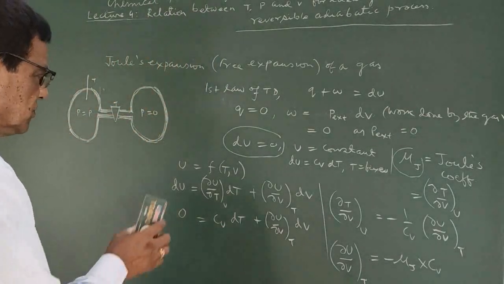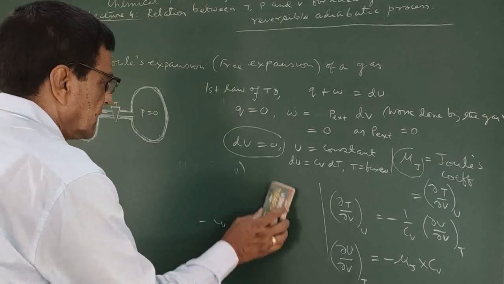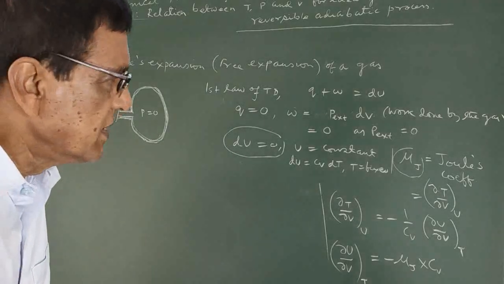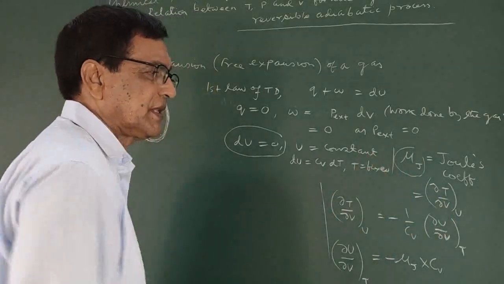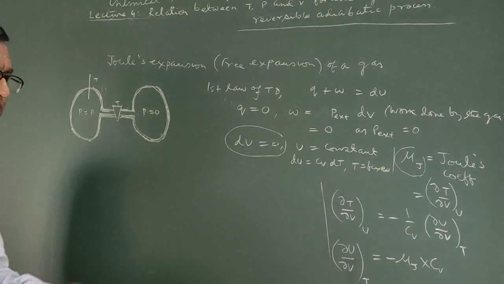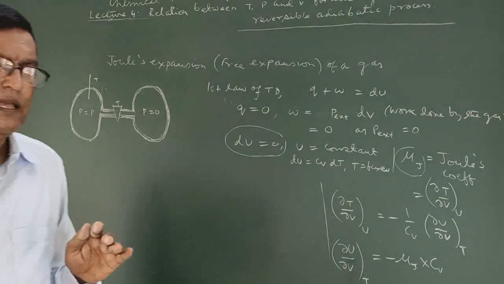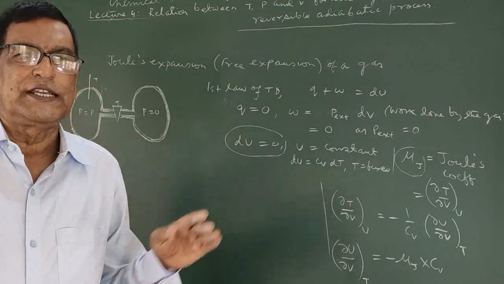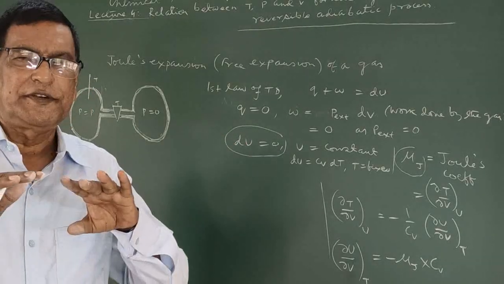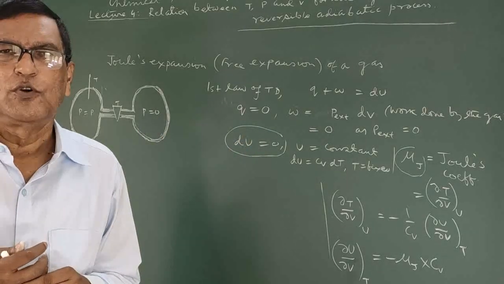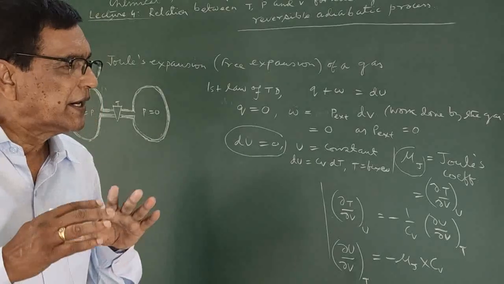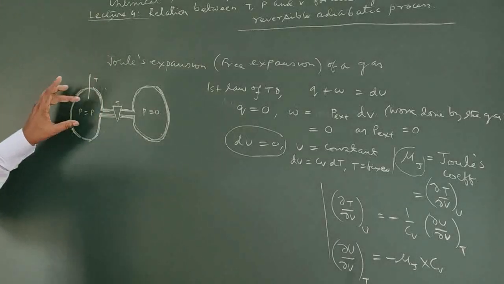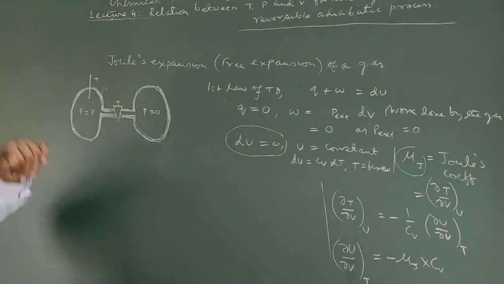So actually Joule himself determined the value of this mu j, and his experimental setup was very poor, so he was unable to determine this small temperature change of the gas.